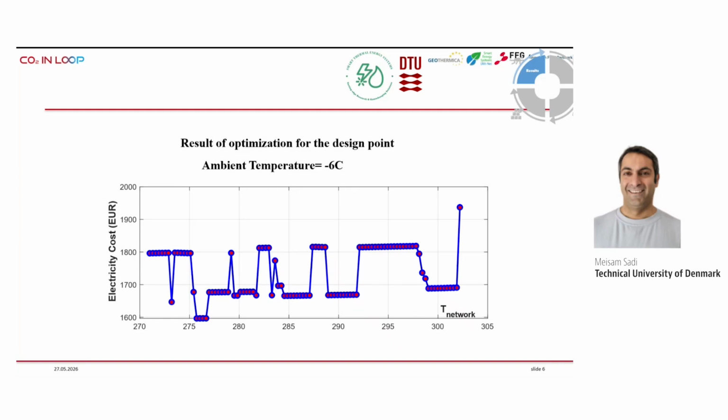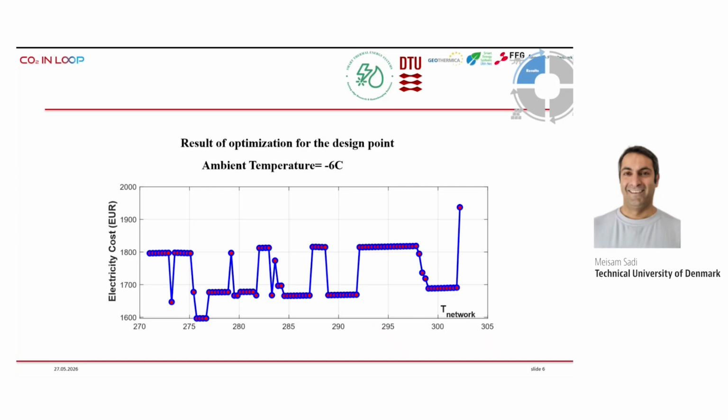After implementing the algorithm described in the last slide, we define each specific temperature of the network. We can run and simulate the system and investigate the electricity expenses of the system.